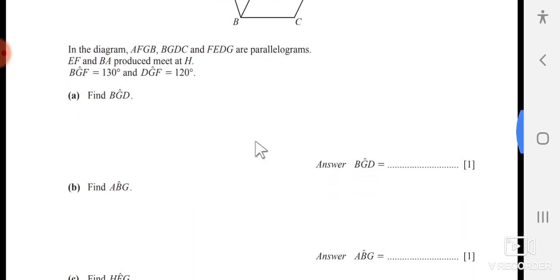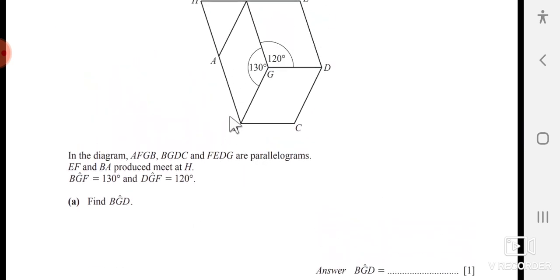Which angle is he saying? ABG, this angle. You can also do that question because this is a parallelogram, so this angle would be 50 because the sum of interior angles of a parallelogram is 180 degrees. So this would be 50 degrees.